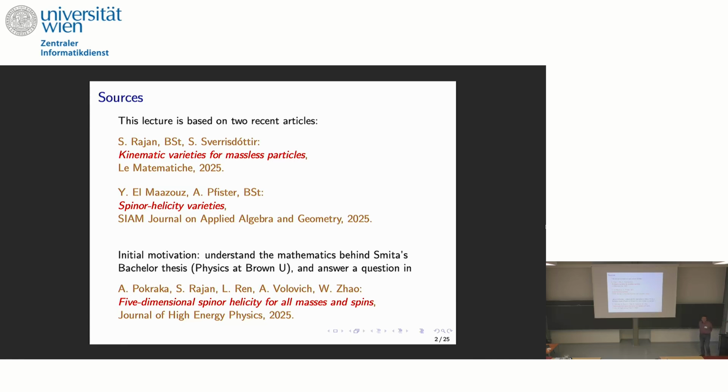And this journal, the Journal of High Energy Physics, is the most popular journal for people who work on scattering amplitudes. So we're going to jump between things you might read in this journal and things that you might read in this journal. In the meantime, Smita has taken a turn towards really theoretical algebraic geometry. She's co-advised with Hannah Larson, a Berkeley algebraic geometer. She came from physics and now is doing hardcore algebraic geometry.